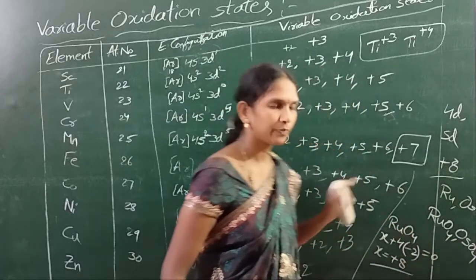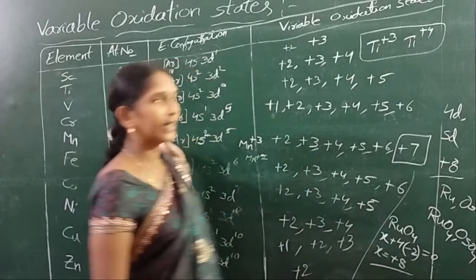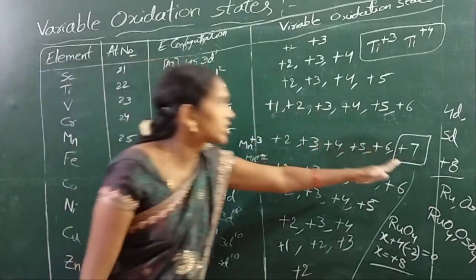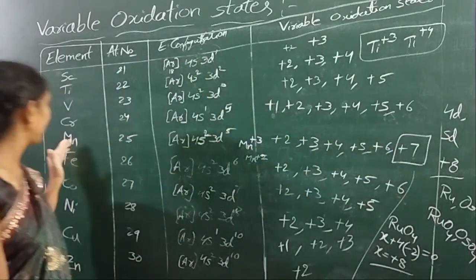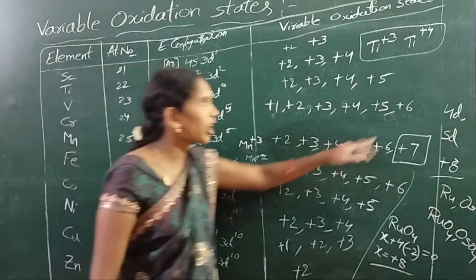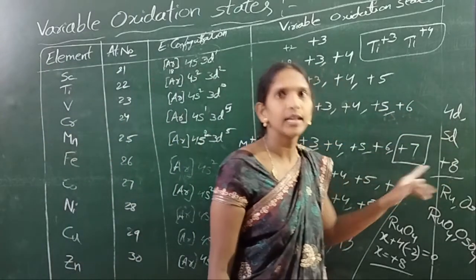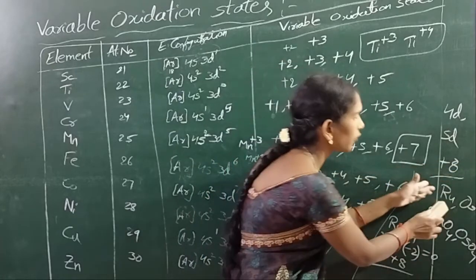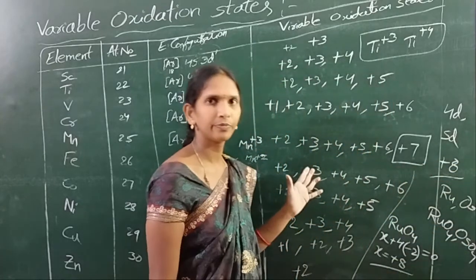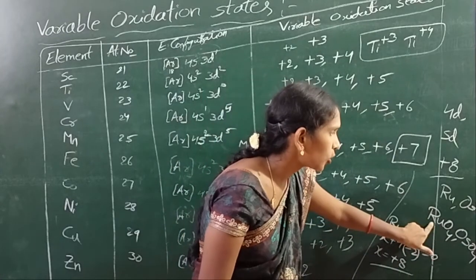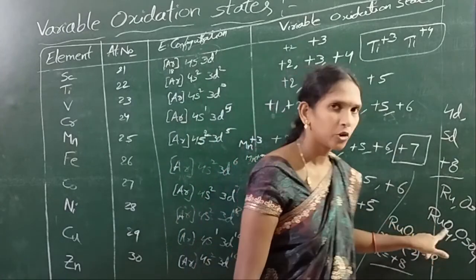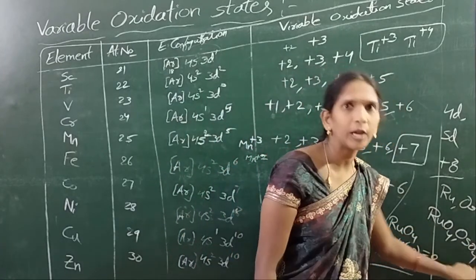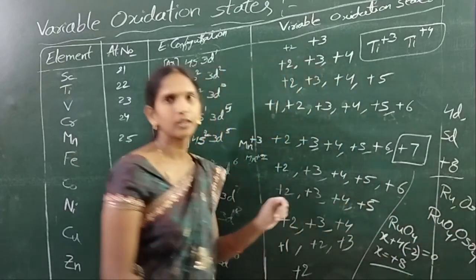OsO4 same. Okay, in 3D series the maximum oxidation state is +7 in manganese, but in case of 4D and 5D series the maximum oxidation state is +8 in case of ruthenium and osmium. Okay, that exists as RuO4, ruthenium oxide and osmium oxide. Okay, students.